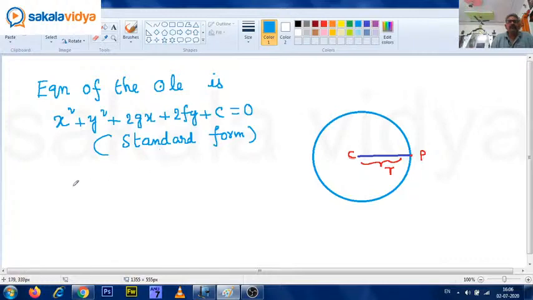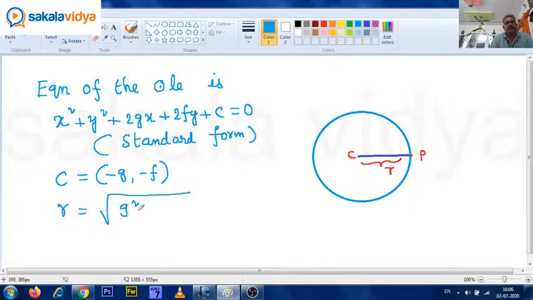Then from this one we can find out the center is given by minus g comma minus f. That means minus half of the x coefficient, minus half of the y coefficient. Radius is given by root over g square plus f square minus c.